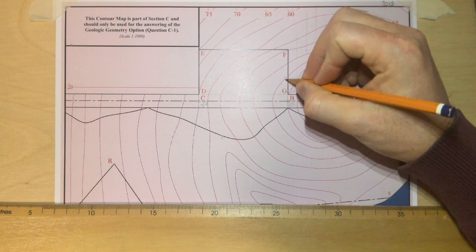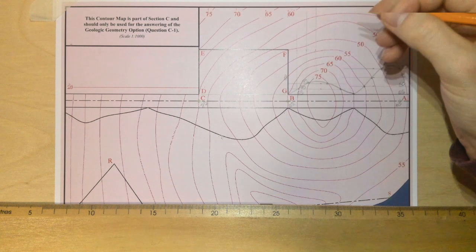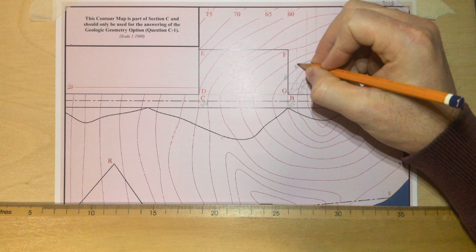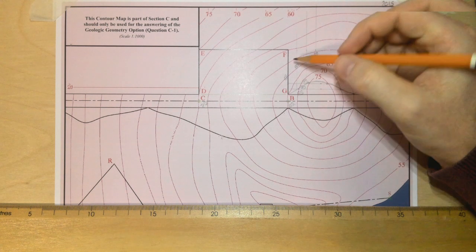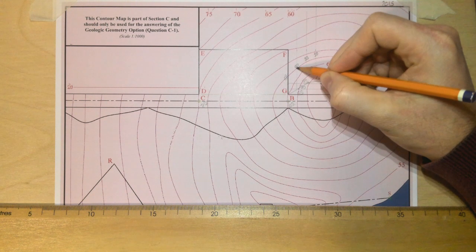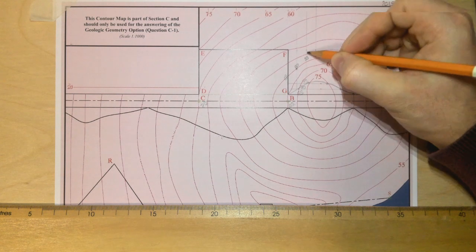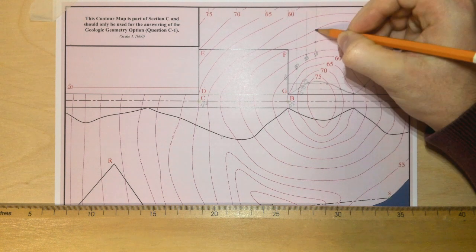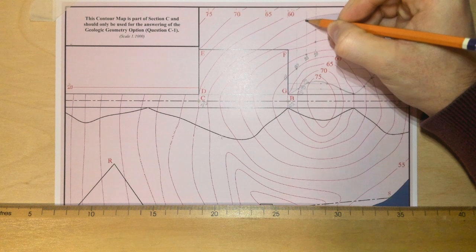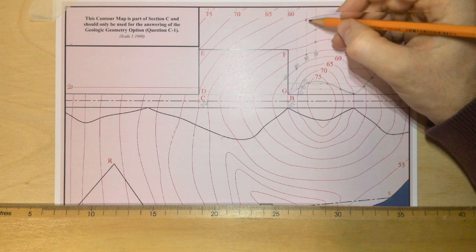Again, starts at 65 and we're filling, so it's going down, so 60, 55 and 50. 65 was there, that's 60, 55, 50, 50 and 55. So it starts to go back in on itself there.